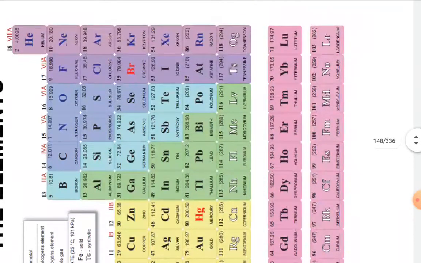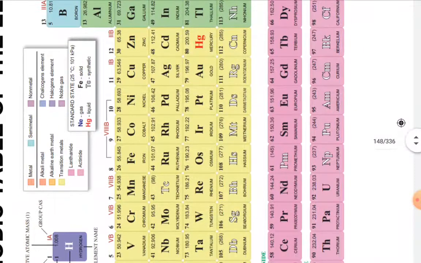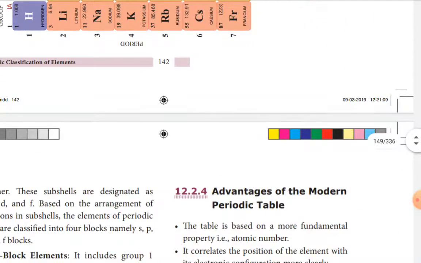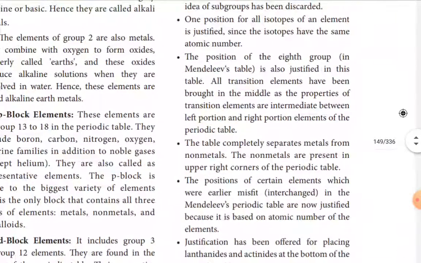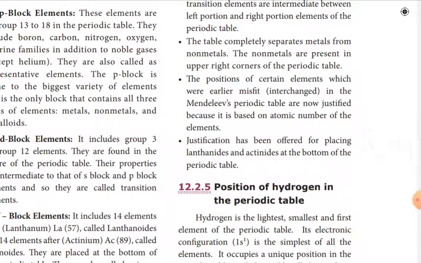Now see, in the periodic table, tellurium, iodine, cobalt, nickel. These cobalt, nickel and tellurium, iodine were misfits in Mendeleev's periodic table, but now we arrange the elements in the increasing order of atomic number. They are in the correct position.